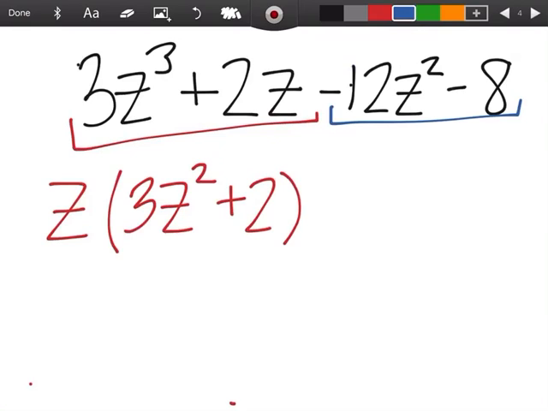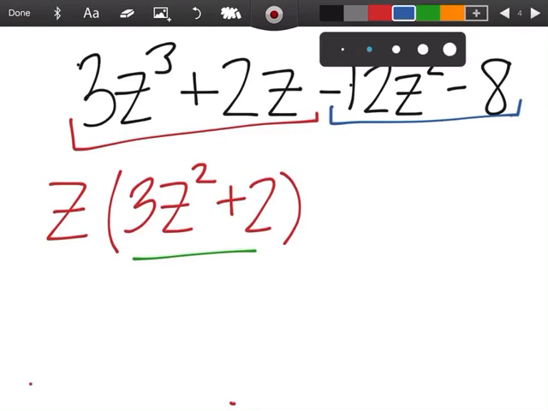Okay, so there are a couple of things to recognize when I go to do the blue group. I want what's in the parentheses to match. I want the parentheses to have a positive 3z squared and a positive 2. And right now I'm looking at some negative numbers. So if I want positive numbers in there, I might need to factor out the negative. So the greatest common factor between 12 and 8, you might think it's 2, but it's not.